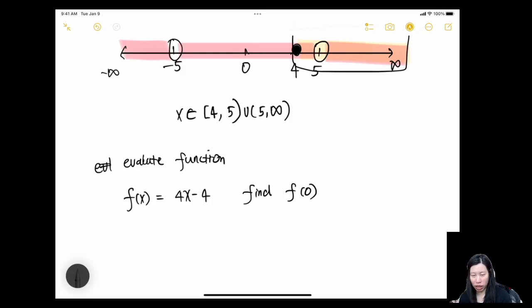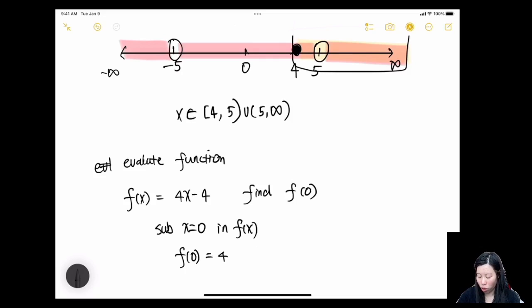This notation means you want to substitute x equals 0 into the original function. So I have f of 0 equals 4 times 0 minus 4 equals -4. So f of 0 equals -4.